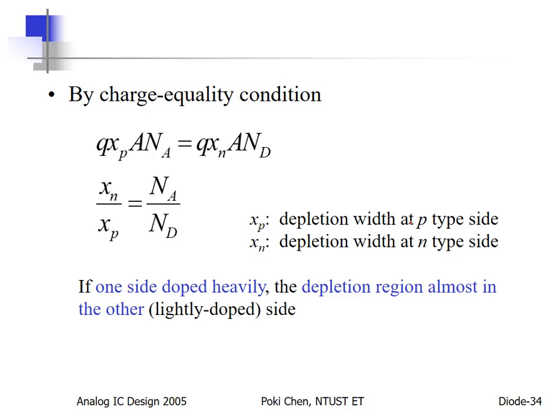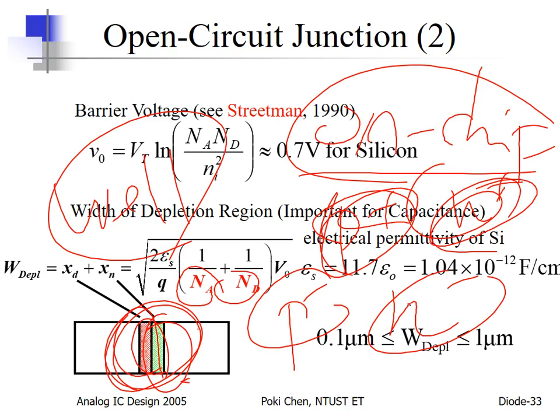The other issue I would like to mention is that there is no regulation for the doping concentration. Nobody requires that the concentration here and the concentration there should be exactly the same. Usually not the same.